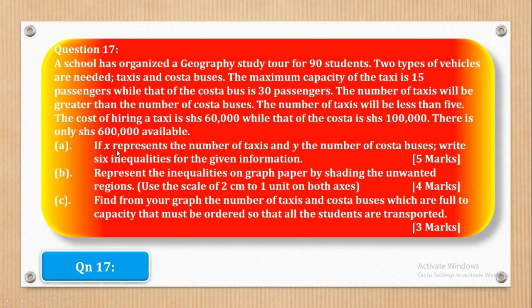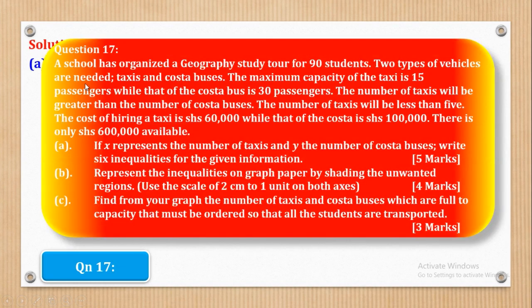Part A. If X represents the number of taxis and Y represents the number of coaster buses, write 6 inequalities for the given information. So let us start with this part A, which has 5 marks, so that we can see how we can get those 5 marks. So let us start.